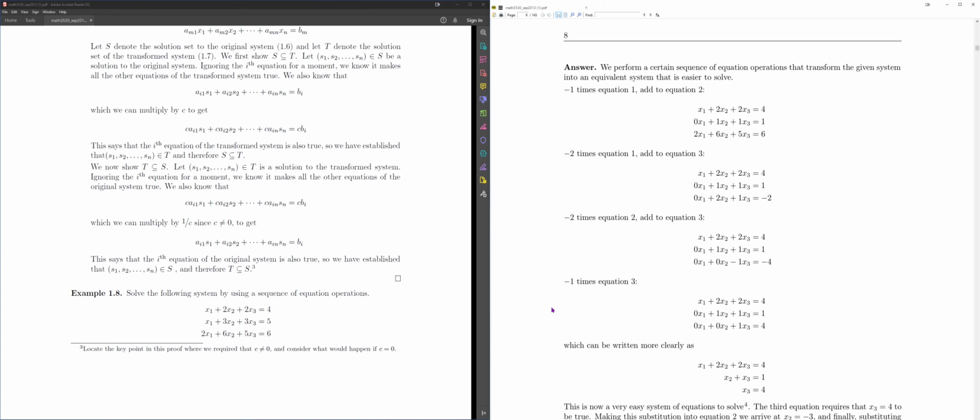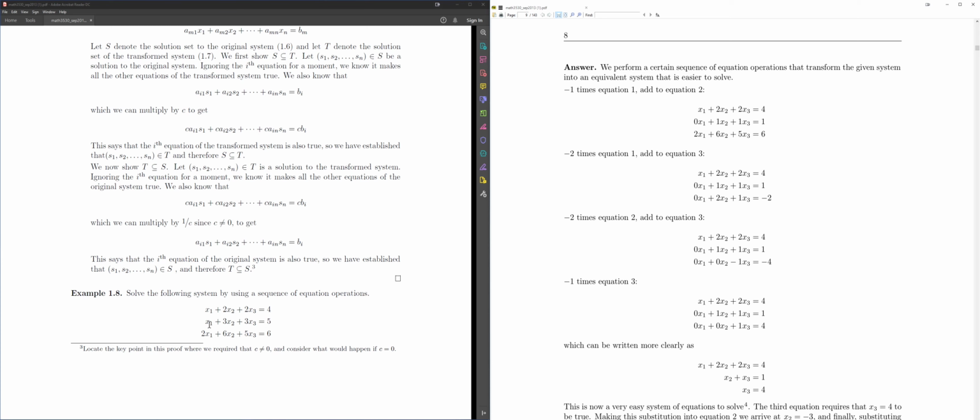All right. So the equation operation that I use here is okay. Given this first equation, I want to get rid of this x1 over here, and I want to get rid of this 2x1 over here, right?